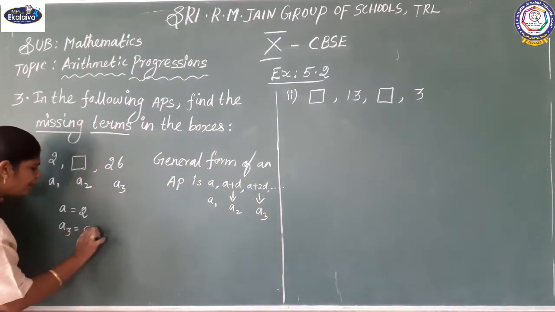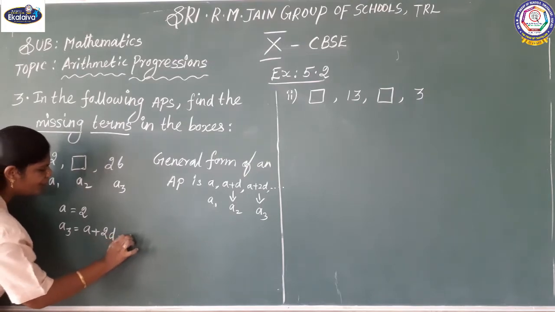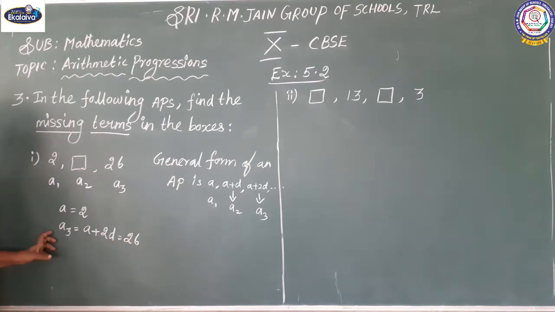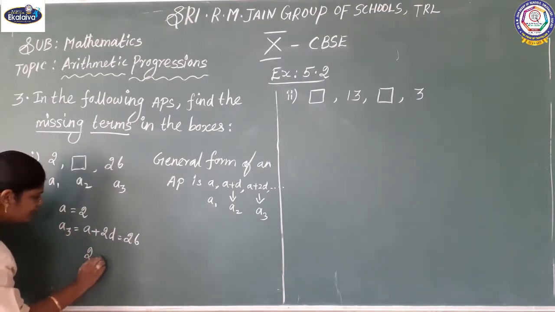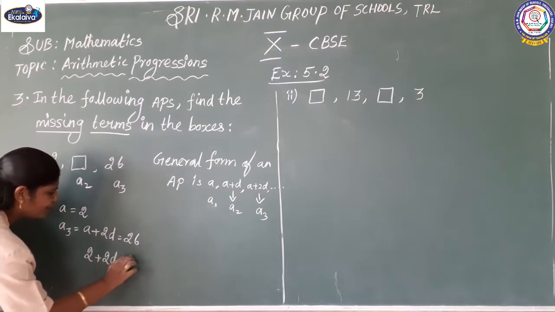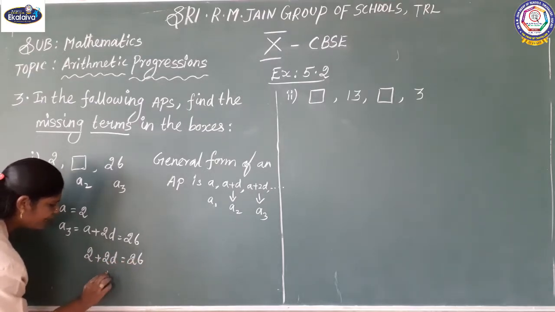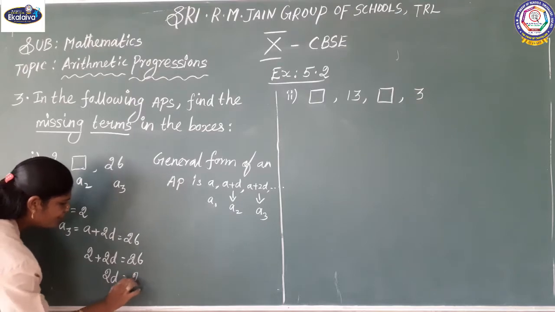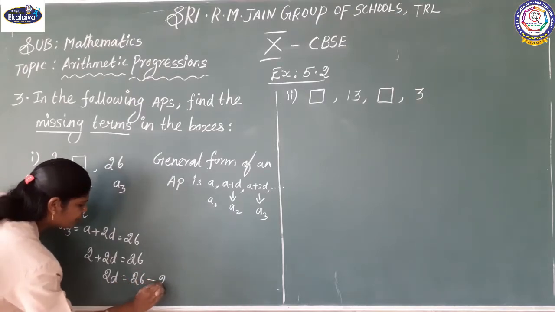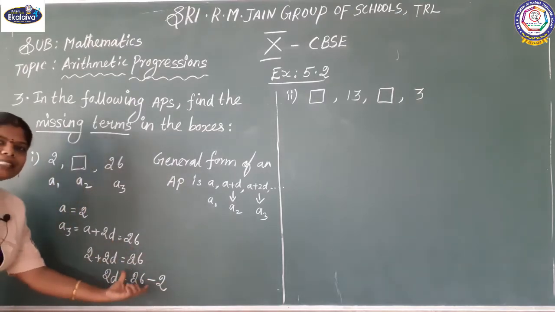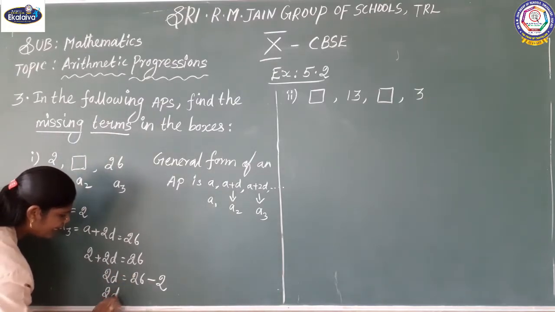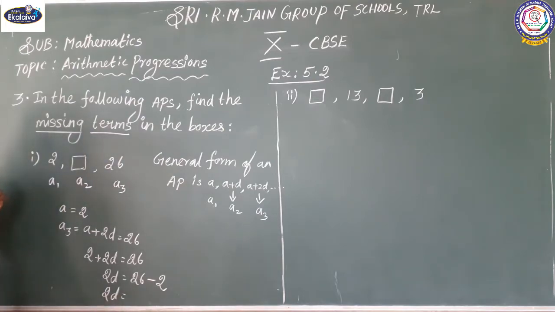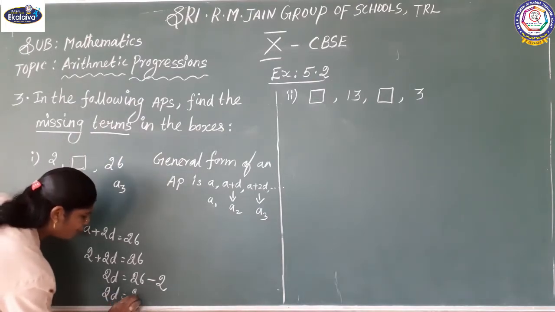So a plus 2d equal to 26. Here substitute the a value: 2 plus 2d equal to 26. So 2d equal to 26 minus 2, because addition will change to the other side as subtraction. 2d equal to 26 minus 2, what will you get? 24.